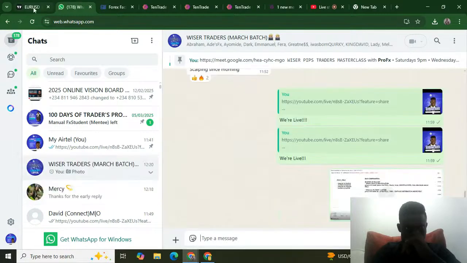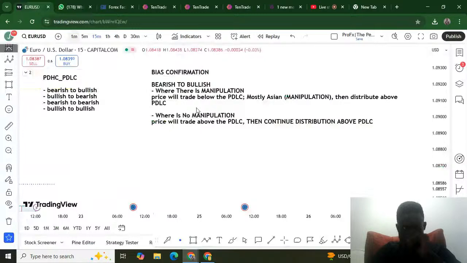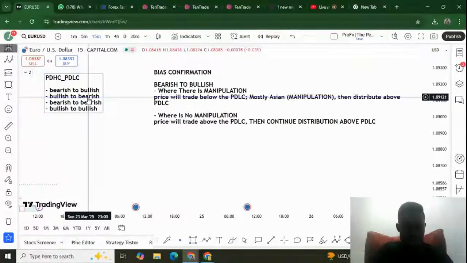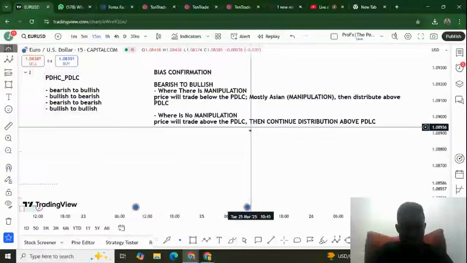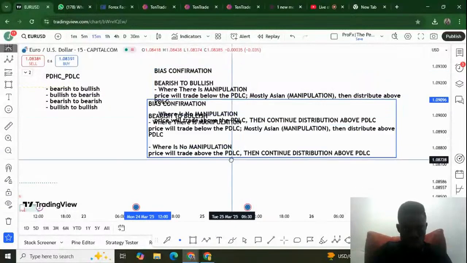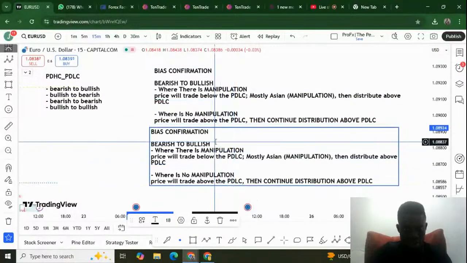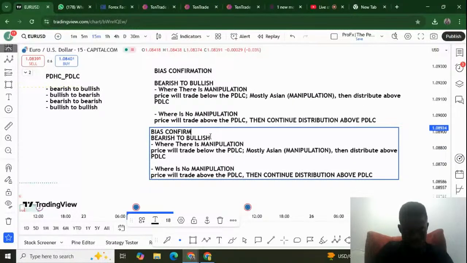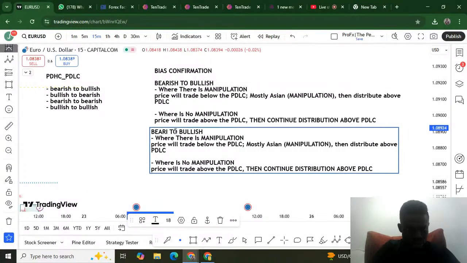Good. Let's go to the next scenario. Can I move ahead from bullish to bearish?